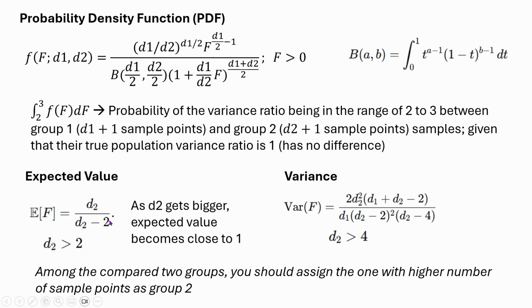You can see that d2 has a lot of influence on these things, and we are actually very happy if d2 becomes bigger, because then everything is more stable. So always remember that if you have two groups, group 1 and group 2, and you want to compare their variance, and maybe group 2 has a lot of sample points, then assign that group as group 2. So assign the bigger group as group 2. That is the moral of the story from these two formulas.